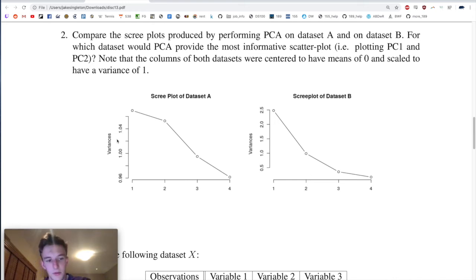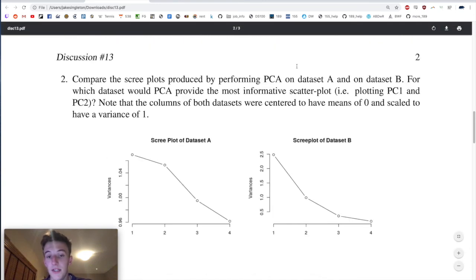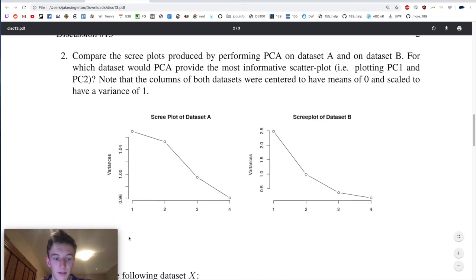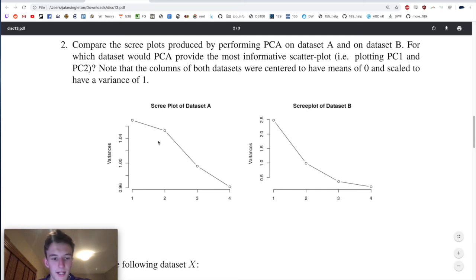And so, if you look at this data set A, remember we're interested in a two-dimensional scatter plot, plotting PC1 and PC2. So by only using, in data set A, the first 2 principal components, we're really not explaining much variance at all. We're going from, maybe this is like 1.07 here for principal component 1, the variance.